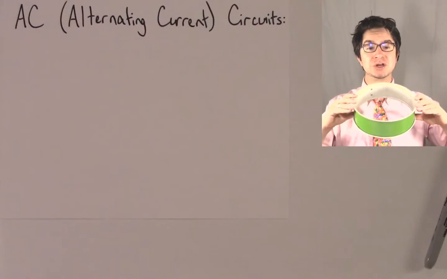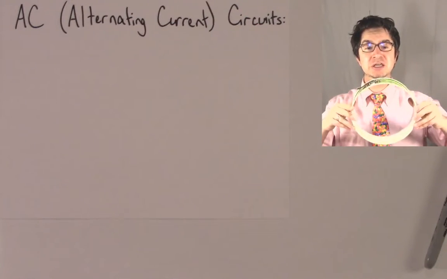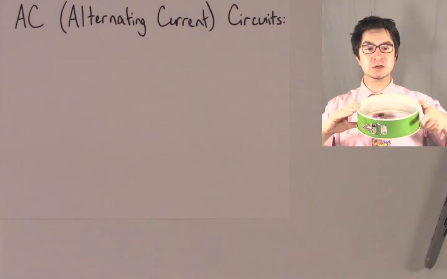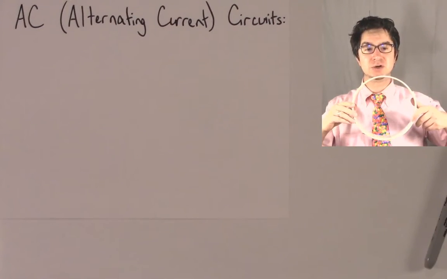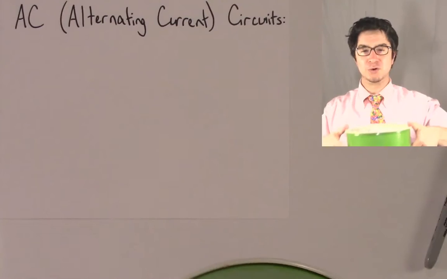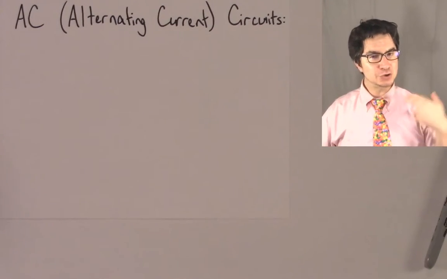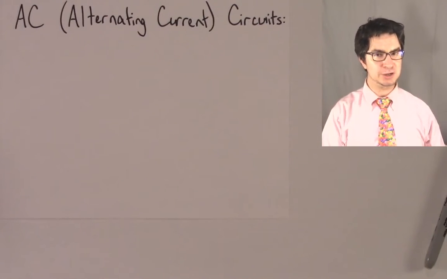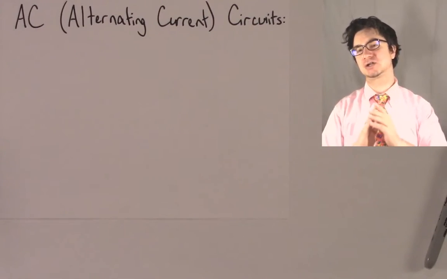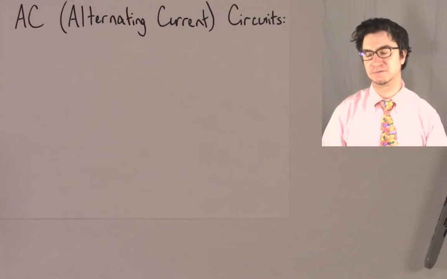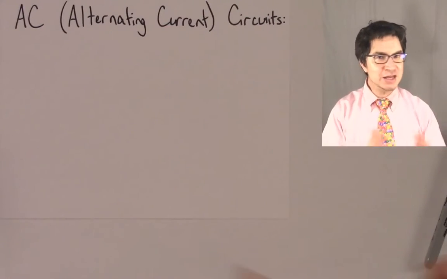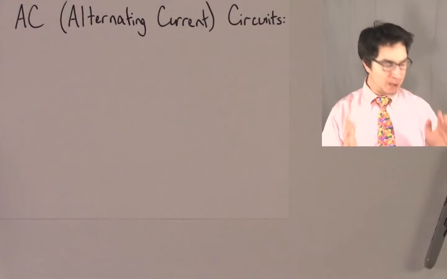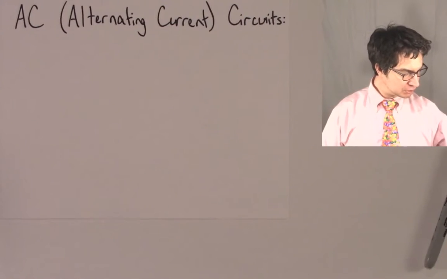So we're increasing the flux, and then immediately we start to decrease the flux. So through the natural rotation of that coil, we're experiencing an alternation in the increase in flux and then the subsequent decrease in flux.